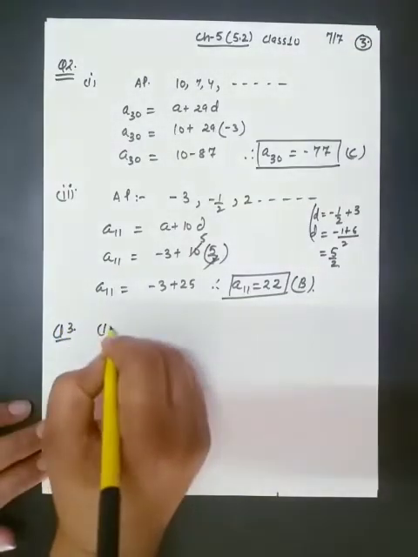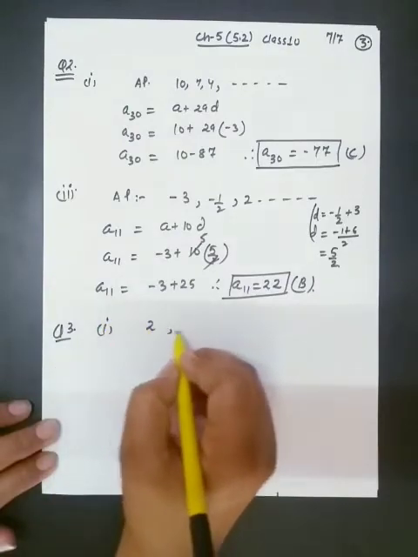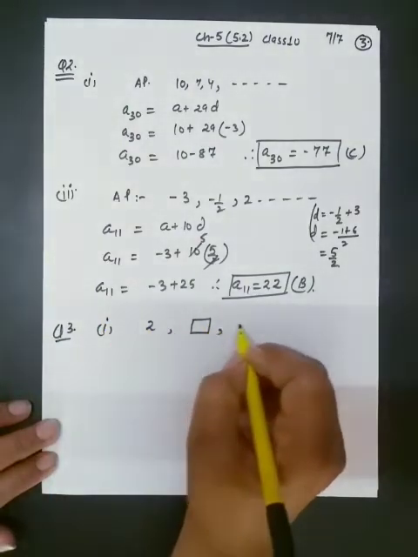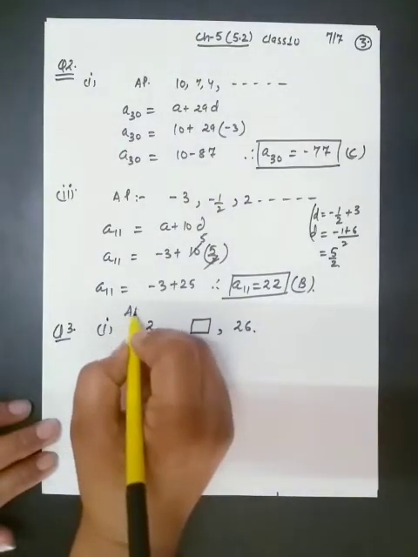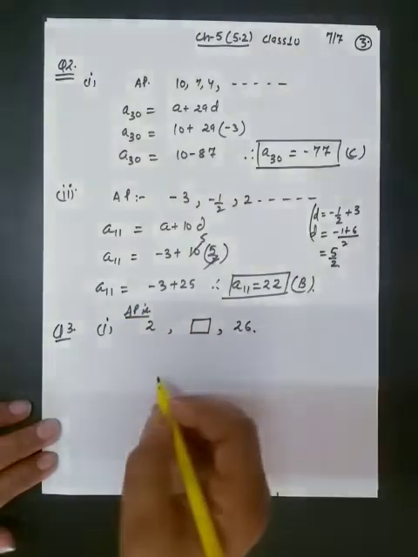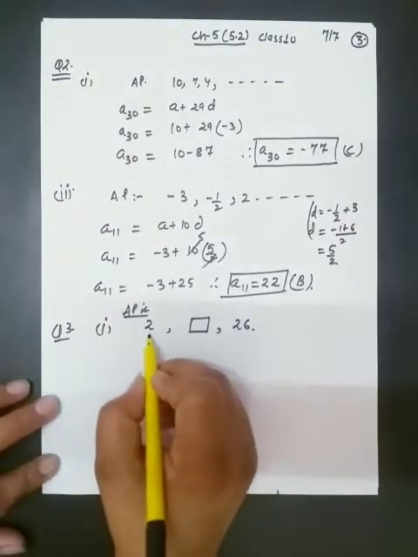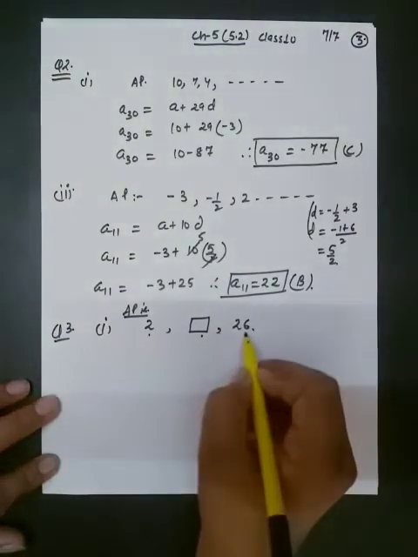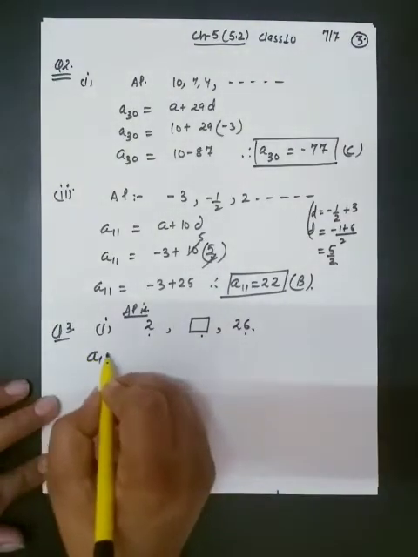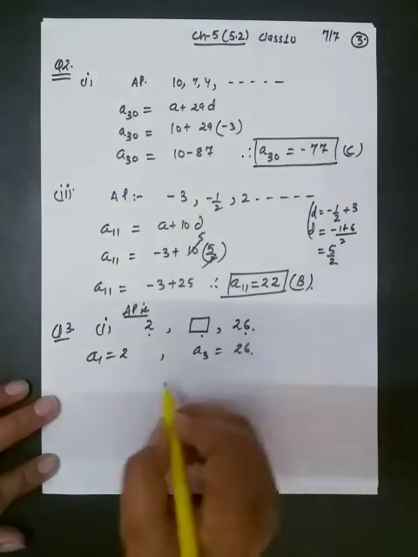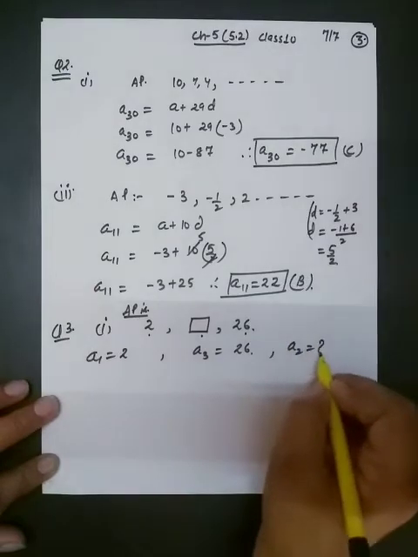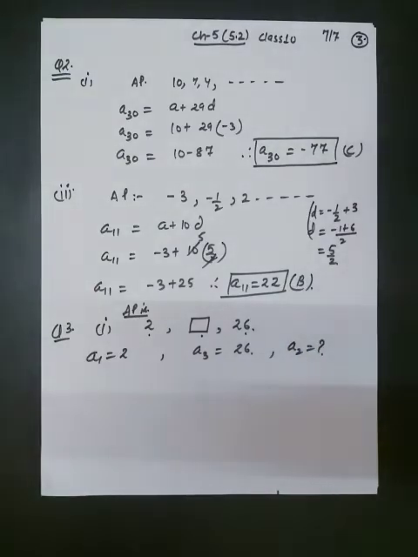Question 3, first part. 2, 2, 6. These are the terms of an AP. And which term is missing here? See, this is A1, this is A2 and this is A3. Here A1 is 2 and A3 is 26. And we have to find A2. What we have to do for this?